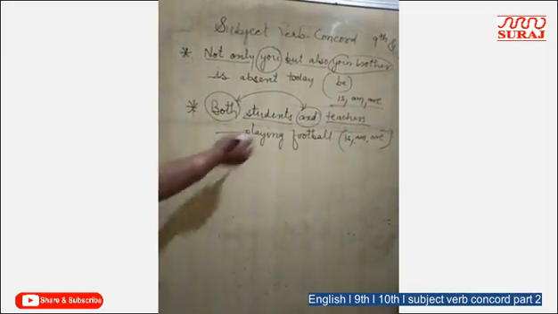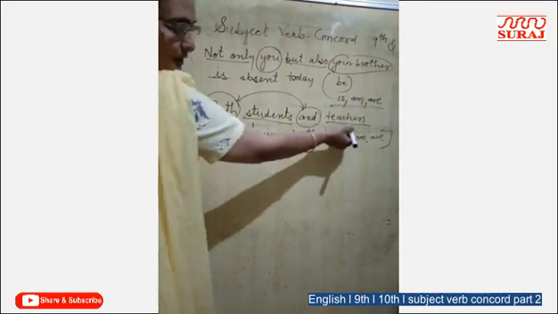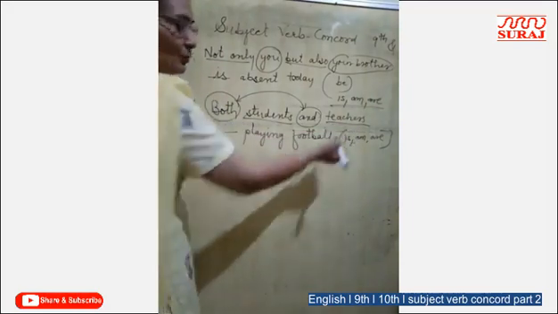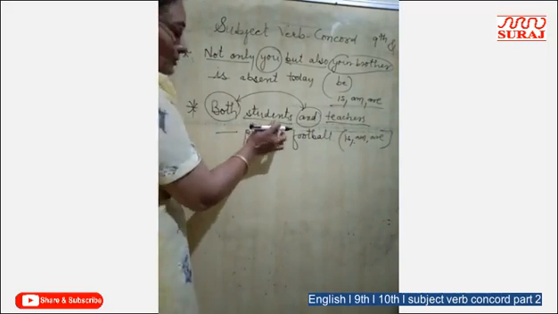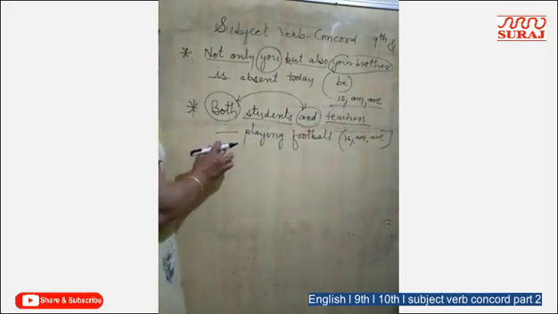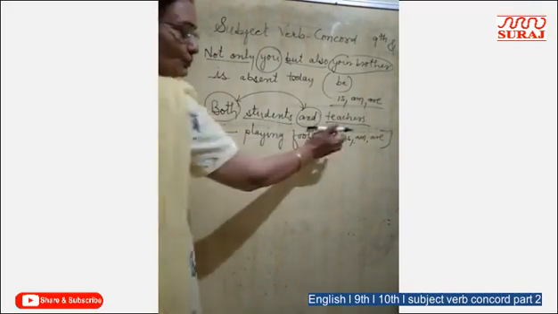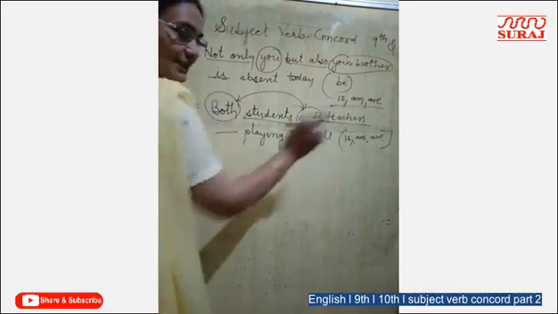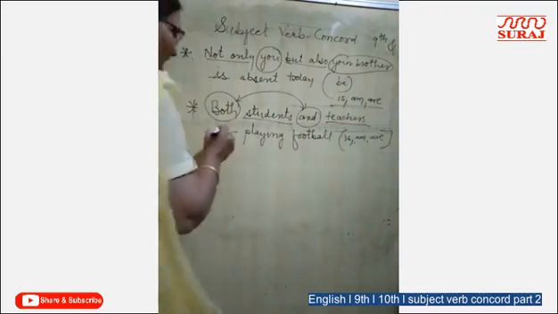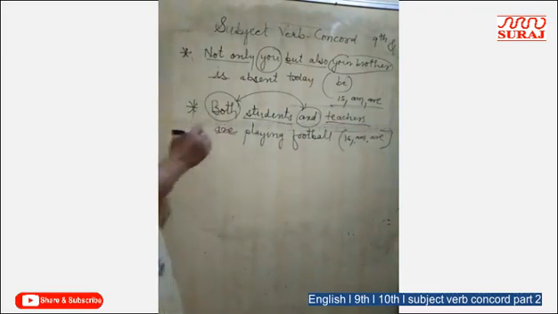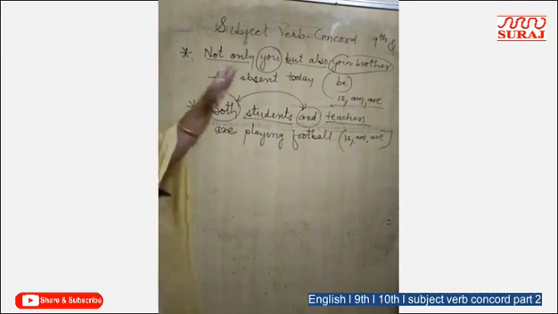Clear? Here it is plural and the first is also plural, but we have to use the verb according to the later subject. Teachers is plural, so according to teachers we will use are here. Clear? So like this we have learnt this rule also. Clear? This is all for today.